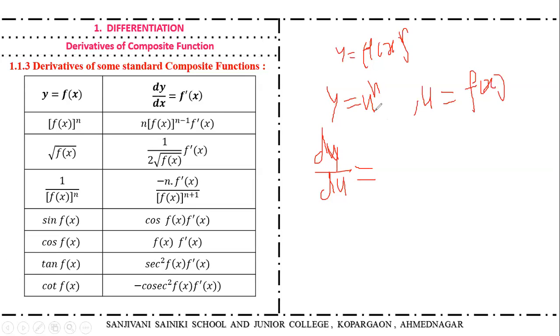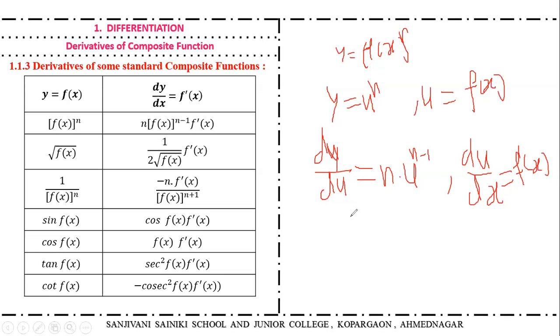Now it is a power function, a simple function, u raised to n. Its derivative is n times u raised to n minus 1. And as f of x is a differentiable function, the derivative of u with respect to x is nothing but f dash of x.